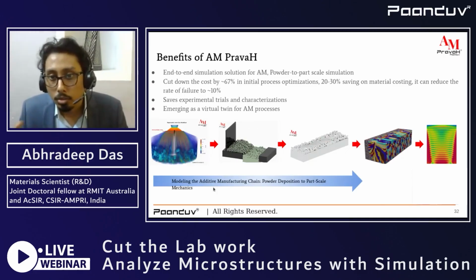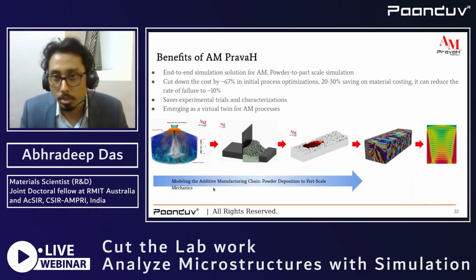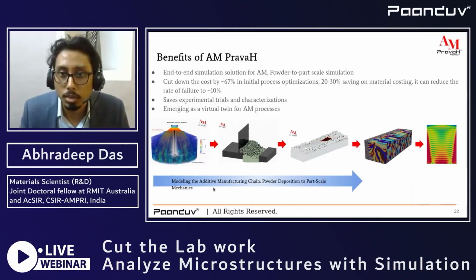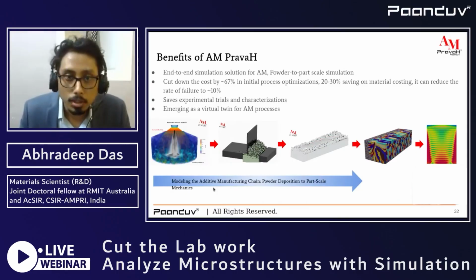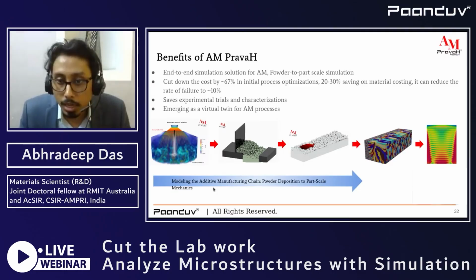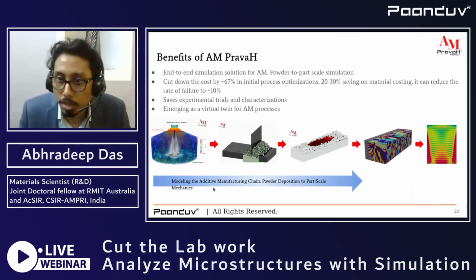Also, we have 20 to 30% cost saving on the material side, because with Paanduv Applications' different approaches, we can not only simulate spherical powders but also different powder morphologies. That helps us predict the microstructure and melt pool dynamics of non-spherical and irregular powder shapes.